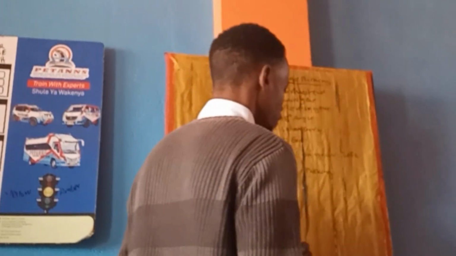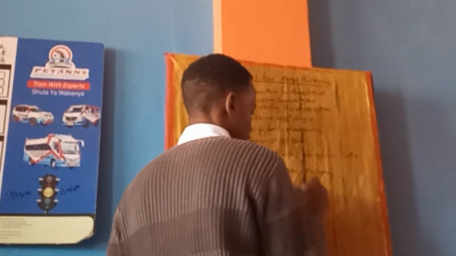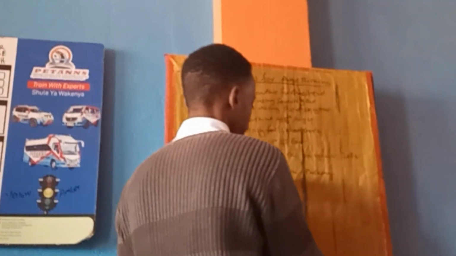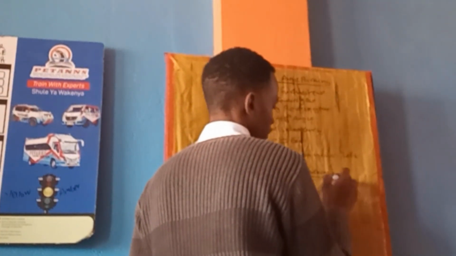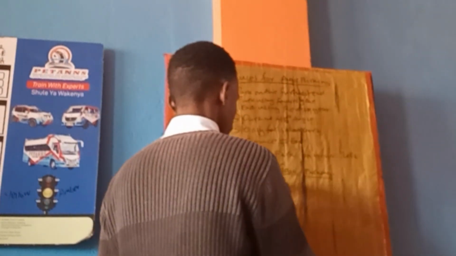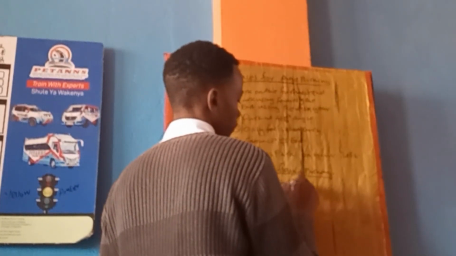Then the rules for flash parking. So the rules, kwanza is park on the farthest lane.